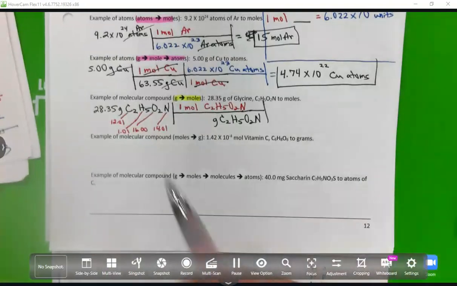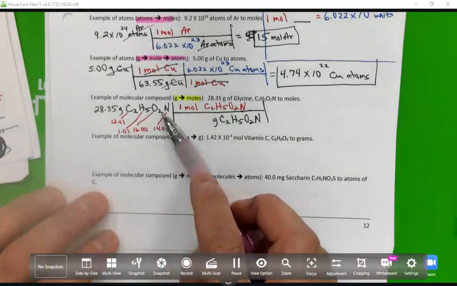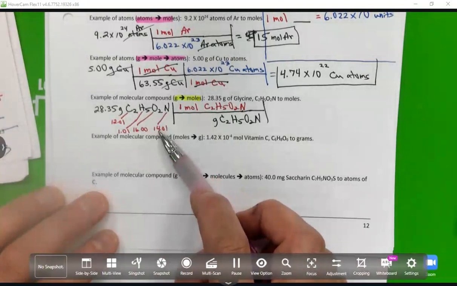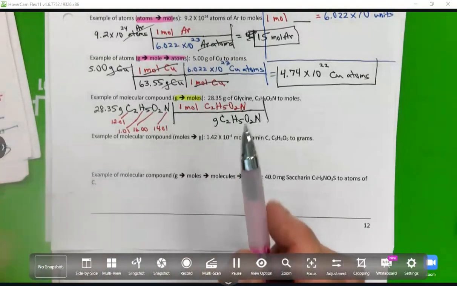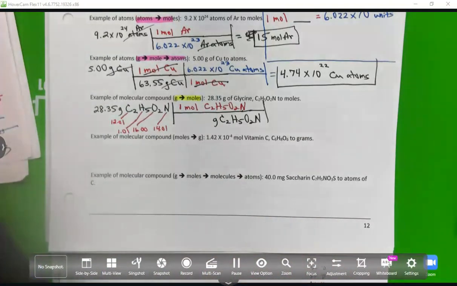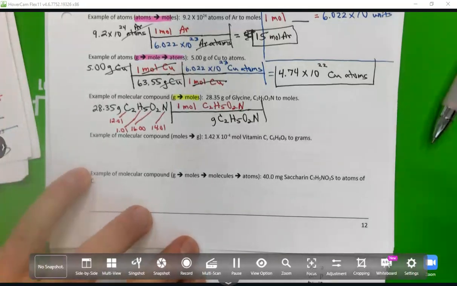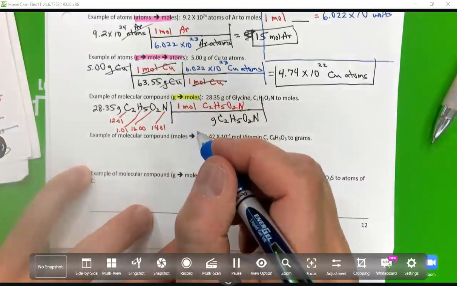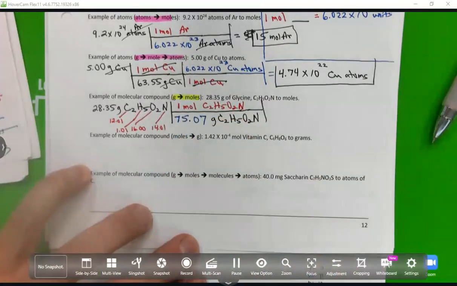So we need to do the algebraic sum: 2 times 12.01 plus 5 times 1.01 plus 2 times 16 plus 1 nitrogen. Grab your calculator. We get 75.07.